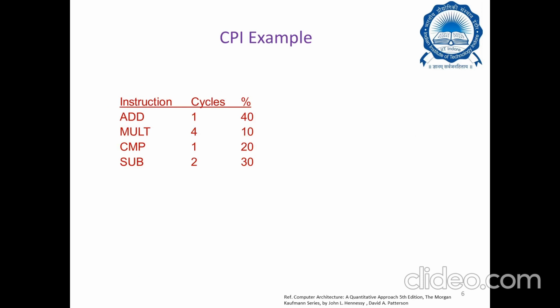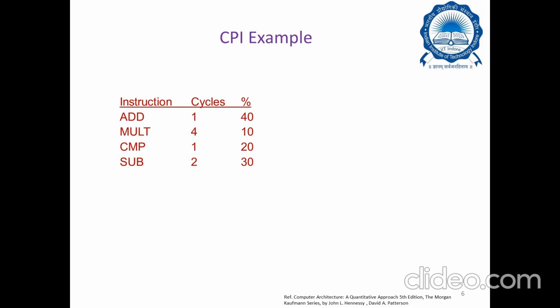Okay, so let's see an example. Imagine you have different types of instructions: ADD, MULT, CMP and SUB, and each of these instruction types consumes a given number of clock cycles, which is 1, 4, 1, 2, and the percentages 40, 10, 20, 30 refer to the number of occurrences of that particular type of instruction in a given program.